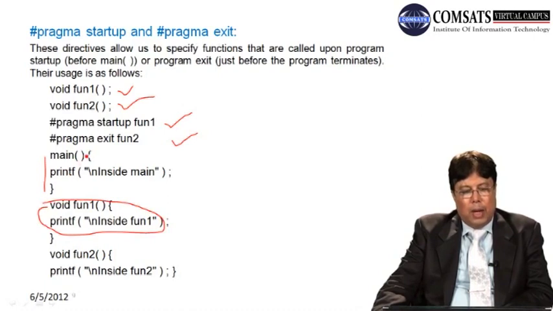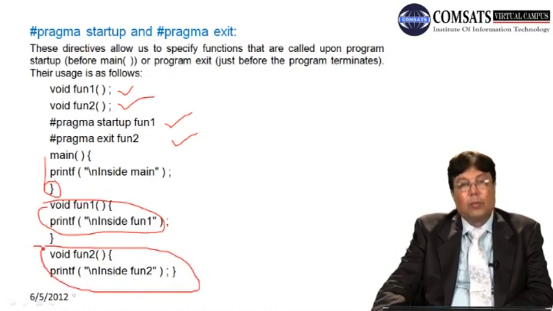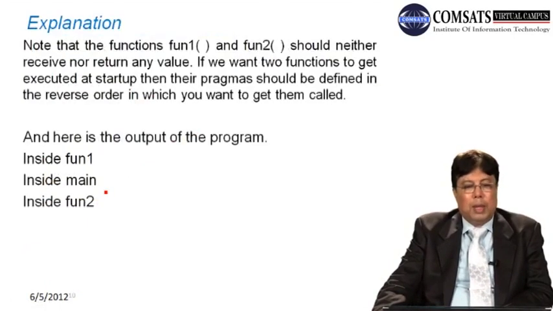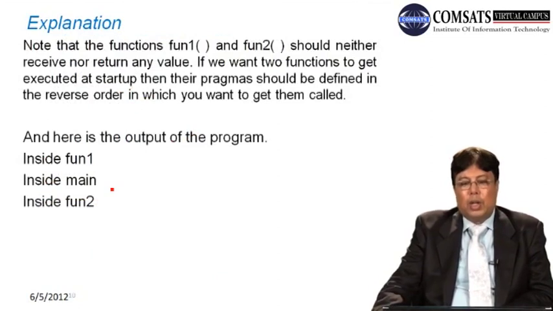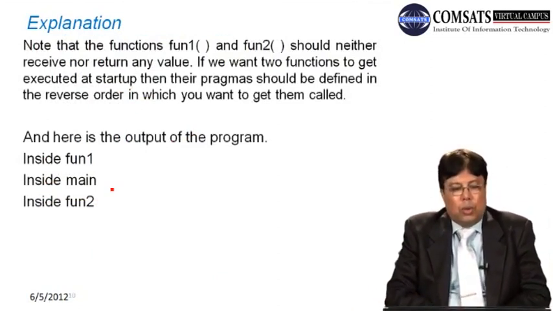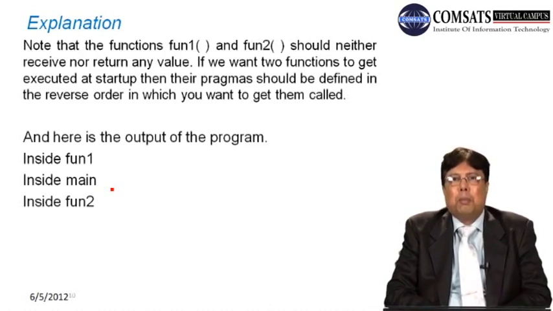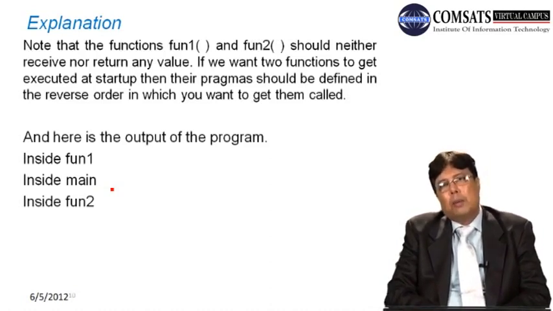Then it executes main, and at the time of exit you execute fun2. Basically, function 1 and function 2 should neither receive nor return any value, because the control has exclusively been passed on to that particular function to do certain jobs.